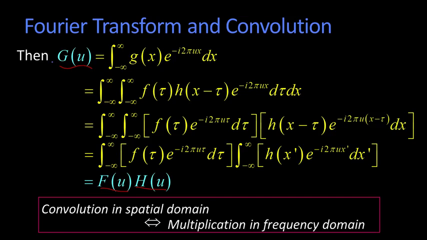So the idea here is that when you do convolution in the spatial domain, you're essentially doing multiplication in the frequency domain. And this is going to be really important for the next lesson when we talk about aliasing, and also for how convolution does frequency manipulation.